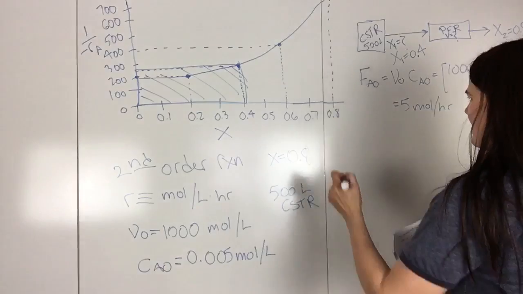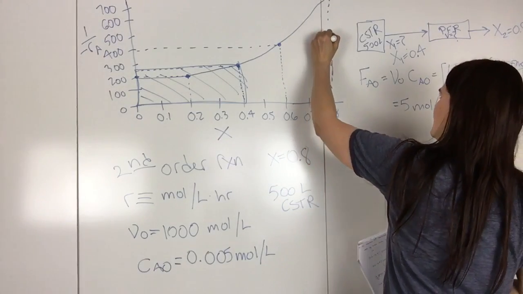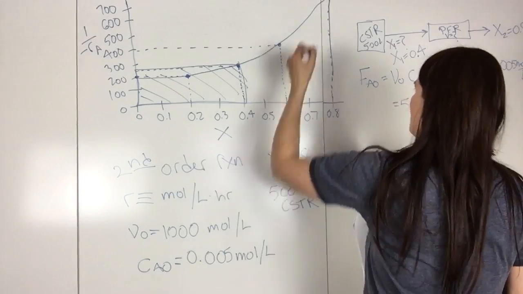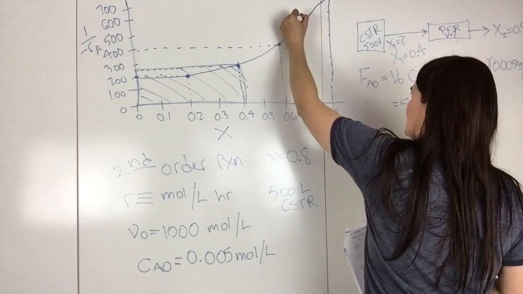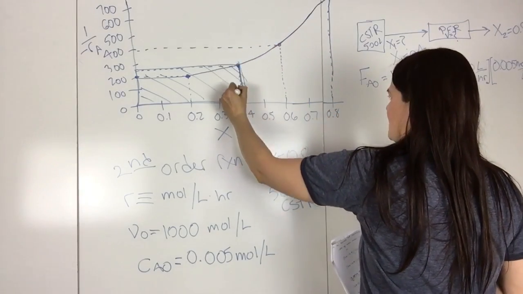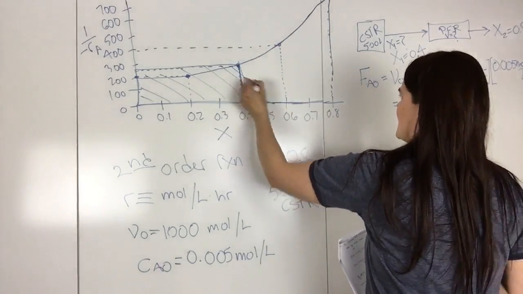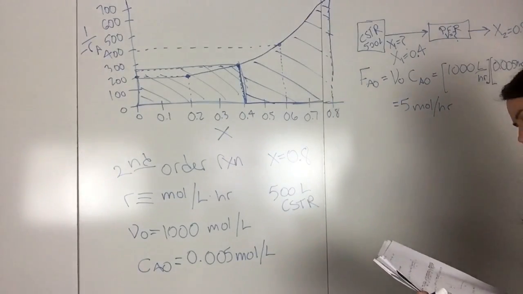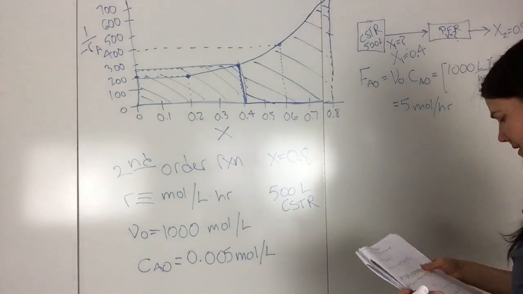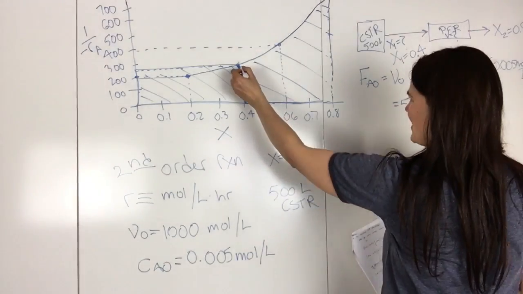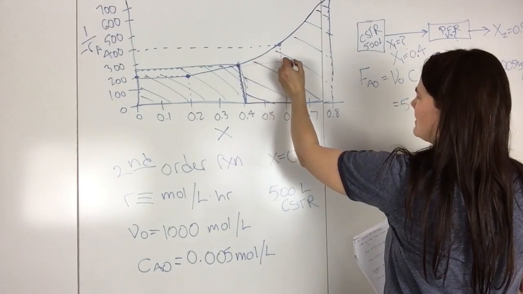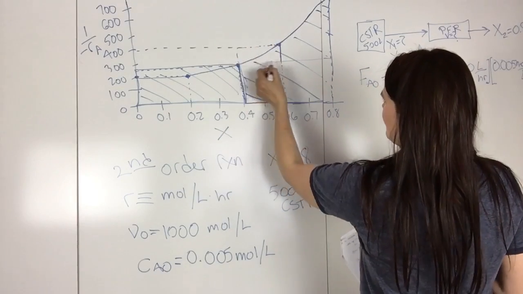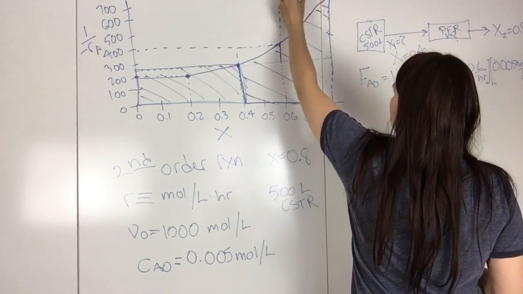So the way you do this from the graph is we know that we want 0.8, and if you remember for a PFR, the volume, we want to calculate the volume under the curve, so basically this. You can calculate that however you want, and the way I did it was I just calculated this area, and then this divided by 2 and this divided by 2.